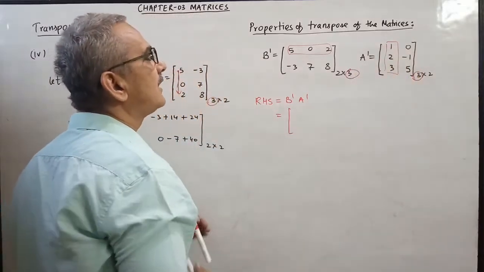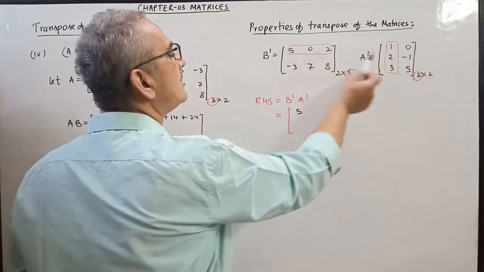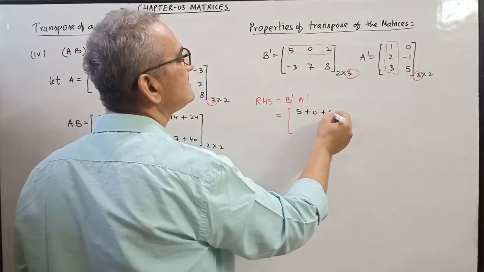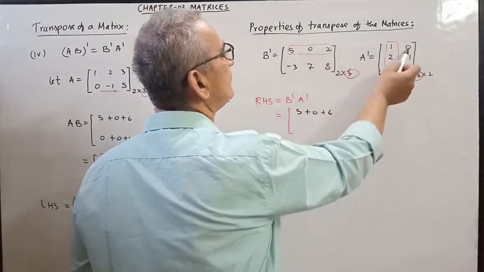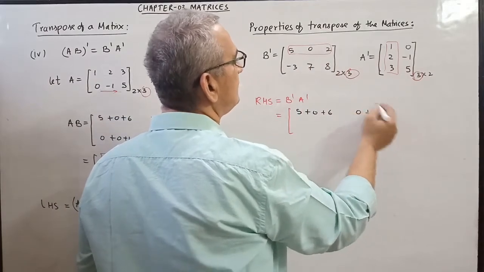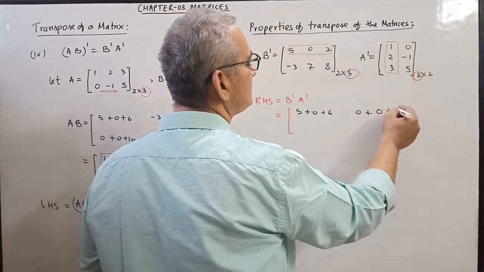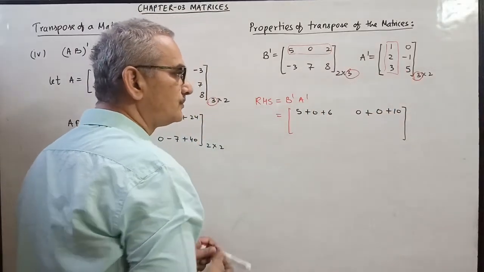Okay, so what will you get? 5 multiplied by 1 is 5, 0 multiplied by 2 is 0, 2 multiplied by 3 is 6. Then first row second column, 5 multiplied by 0 is 0, 0 multiplied by minus 1 is 0, 2 multiplied by 5 is 10.